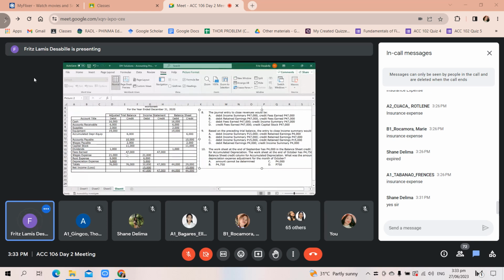Okay. Income statement accounts kana: fees earned 47, wages, rent, depreciation. And we have a net income of 15. So 15, that's 47 revenue minus 32 total expenses.